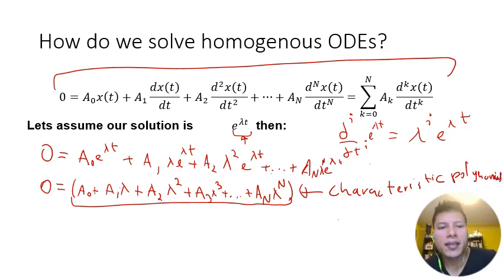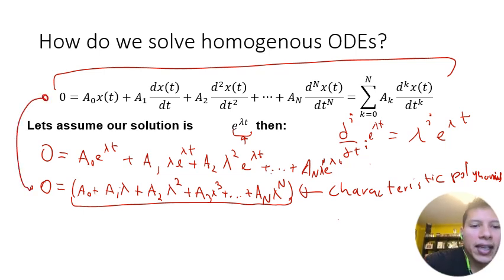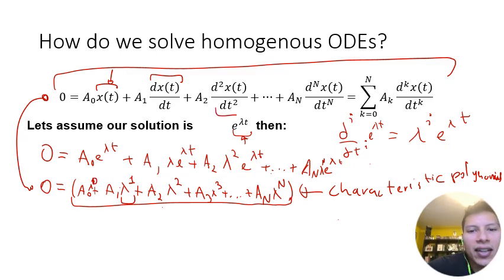Now, as you can see here, the difference between this equation and this equation is that I've replaced a 0th order derivative, or the function itself, by lambda to the 0th power, a first order derivative by lambda to the first power, a second order derivative by lambda to the second power, and so on until I got to an nth order derivative with lambda to the nth power.